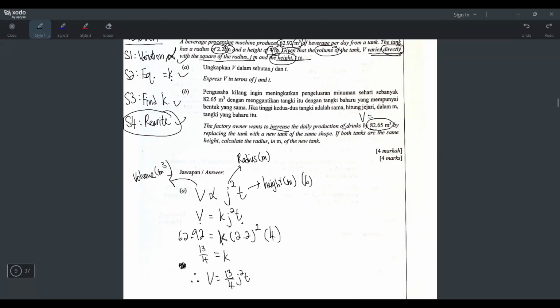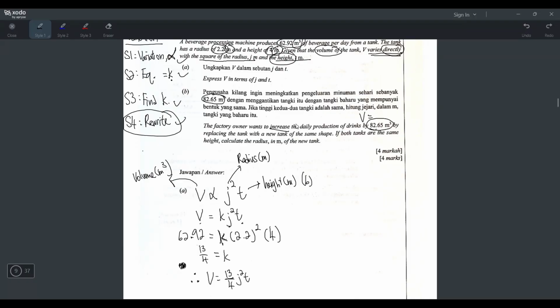Increase the daily production of drinks by 82.65 by replacing the tank with a new tank of the same shape. In Bahasa Melayu, pengusaha kilang ingin meningkatkan pengeluaran minuman sehari sebanyak 82.65 dengan menggantikan tangki itu dengan tangki baru yang mempunyai bentuk yang sama. So the V is not 82.65.